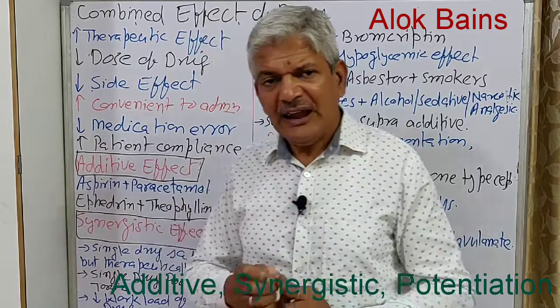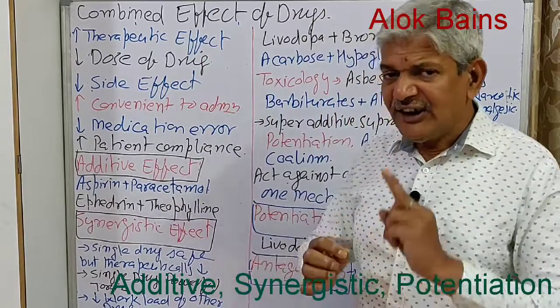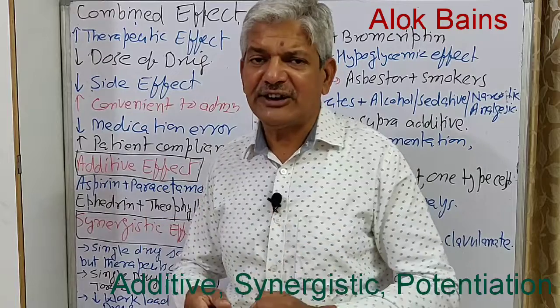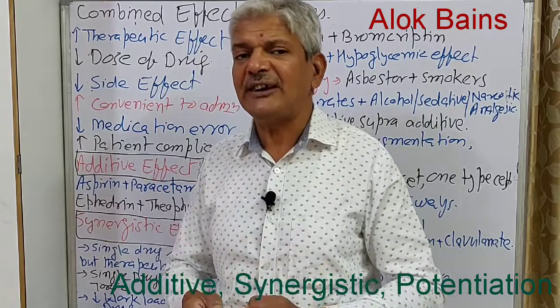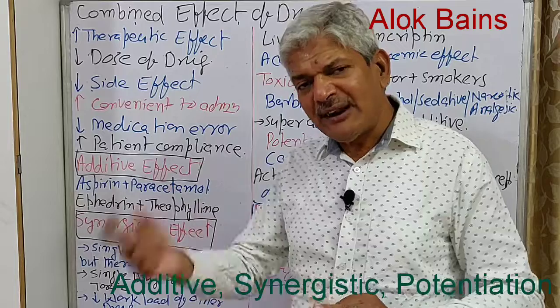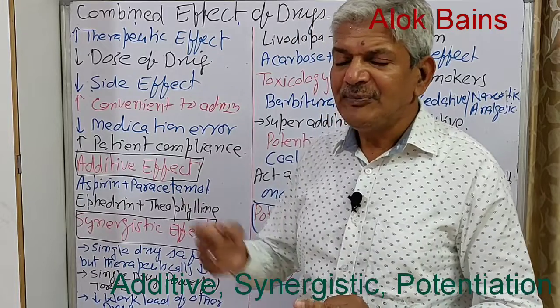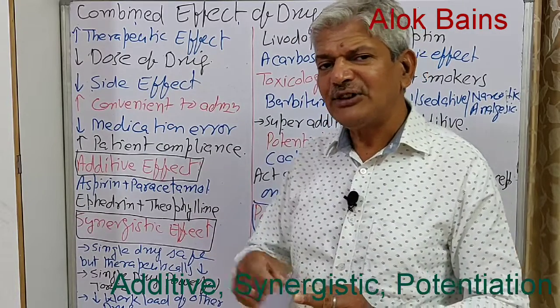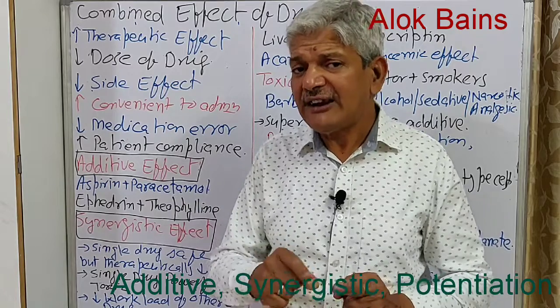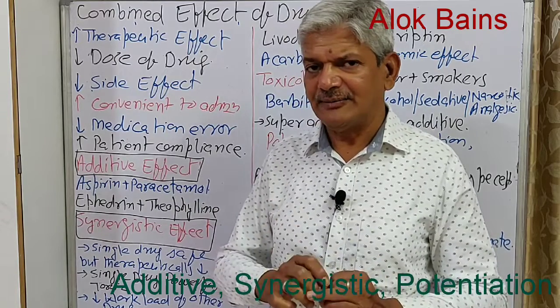Number two, suppose a drug is strong, but it has a high toxic effect or more side effects. In that condition, that drug can be combined with other drugs that will improve its therapeutic effect and reduce its side effects.